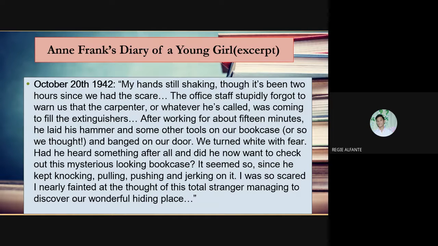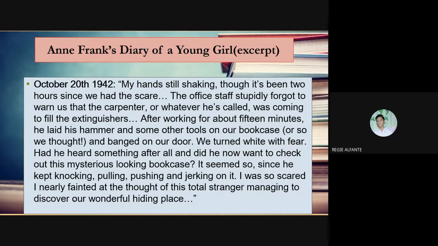We turned white with fear. Had he heard something after all, and did he now want to check out this mysterious-looking bookcase? It seemed so, since he kept knocking, pulling, pushing, and jerking on it. I was so scared. I nearly fainted at the thought of this total stranger managing to discover our wonderful hiding place.